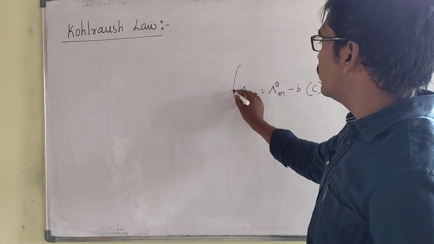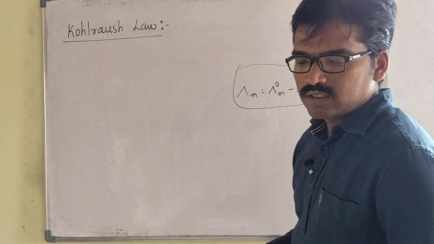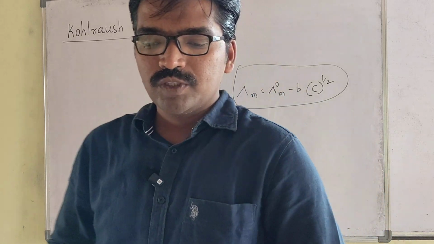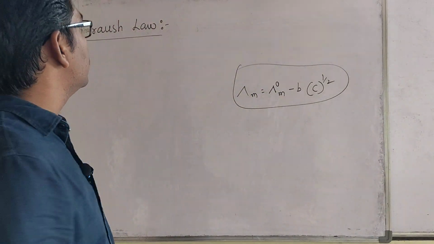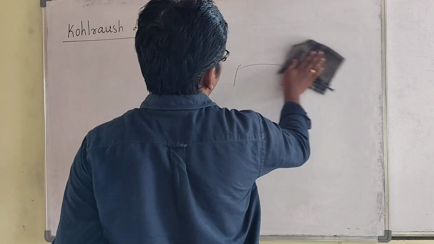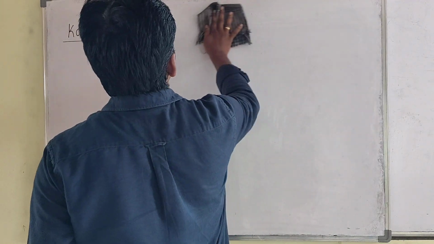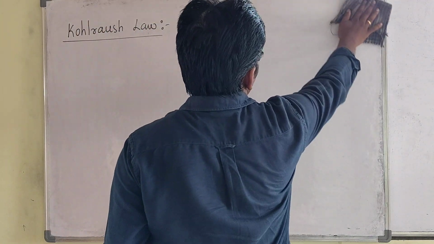This is the Debye-Huckel-Onsager equation. For a weak electrolyte, we determine it by using Kohlrausch law.